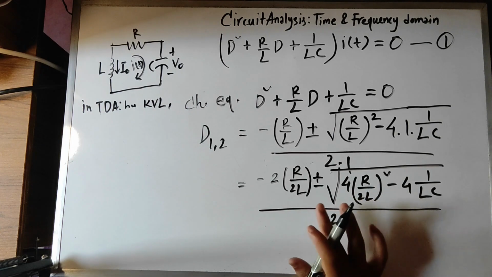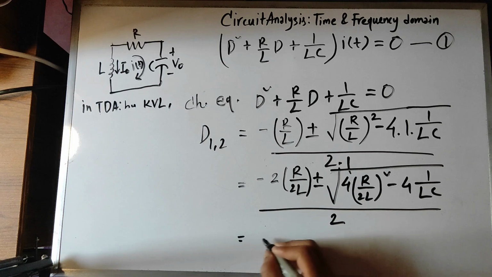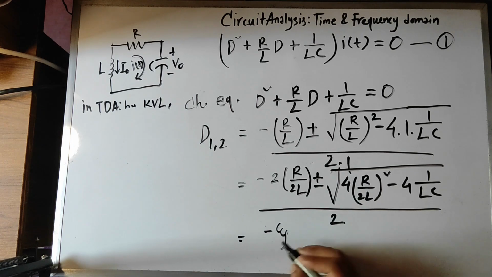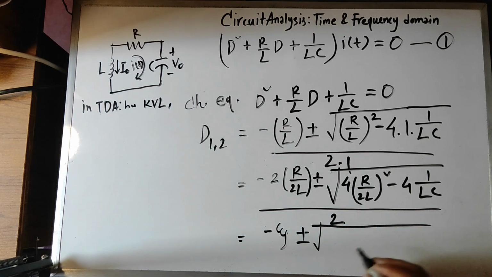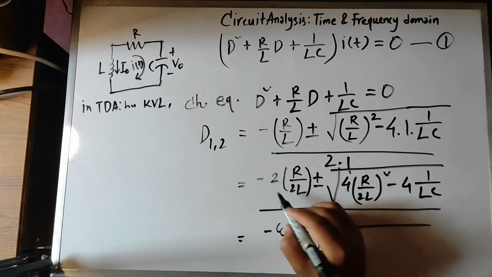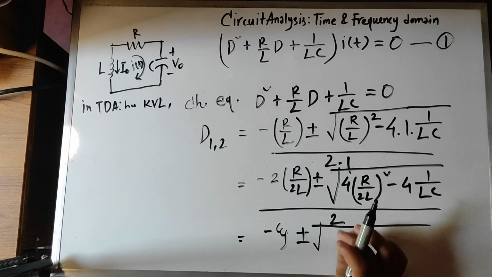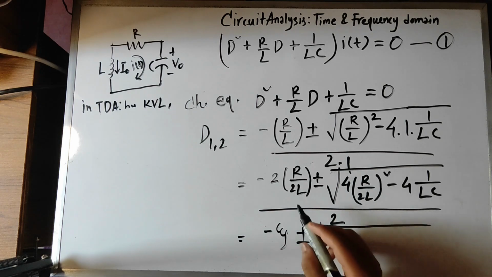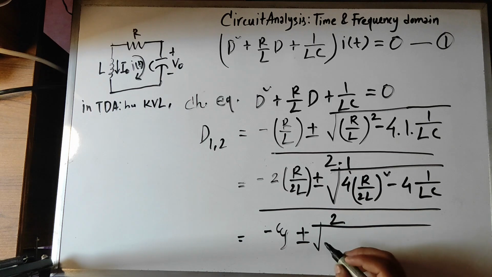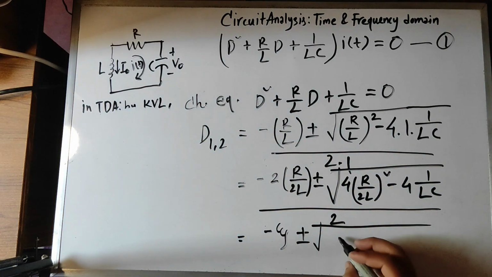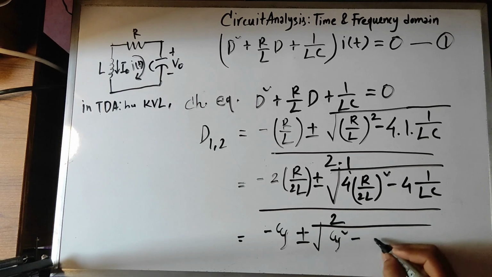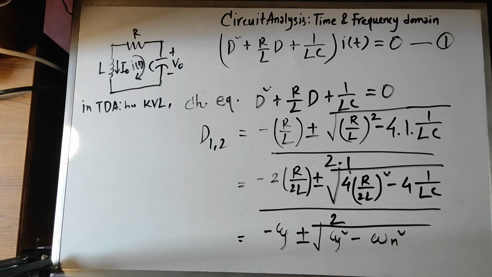If you take the 4 out from the root, it will be 2, and the 2 will cut out with the 2 in the denominator, leaving minus zeta, where zeta is r by 2l, the damping coefficient for the series RLC circuit, plus minus root over zeta square minus omega n squared.